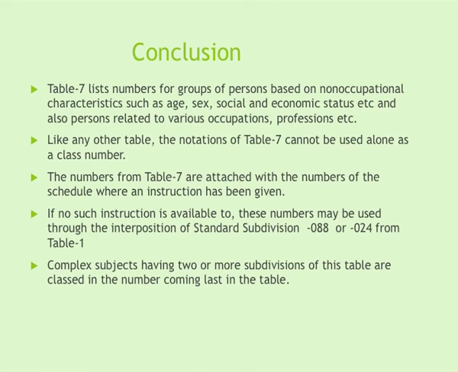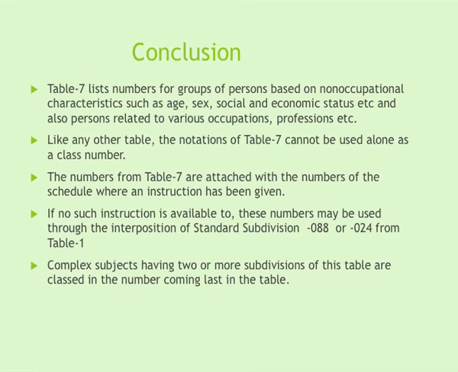Now, we come to the conclusion of this discussion. We have seen that table 7 has numbers for various groups of persons based on non-occupational characteristics such as age, sex, social and economic status, etc., and also groups of persons related to various occupations or professions.